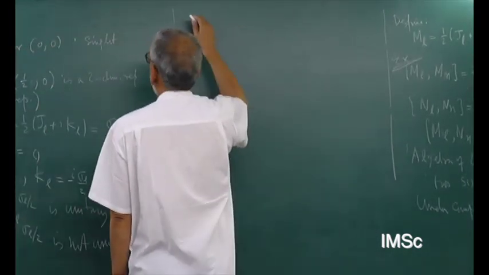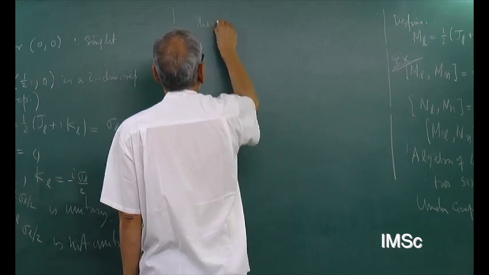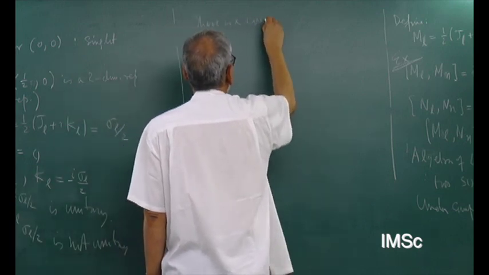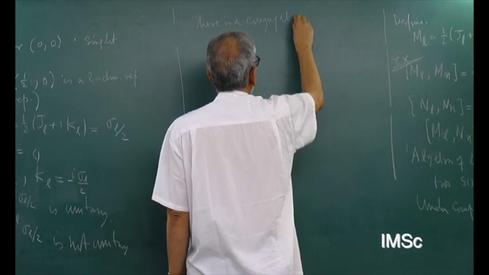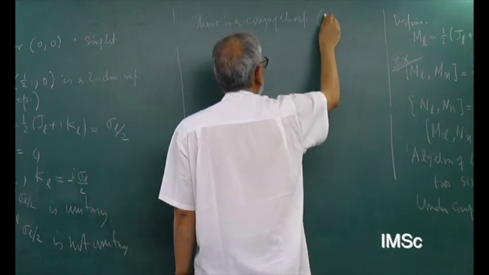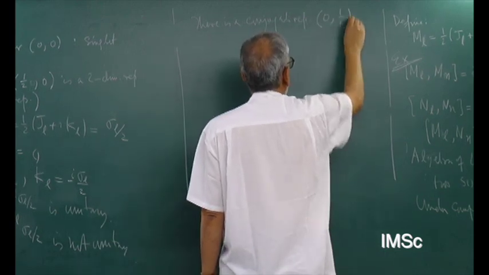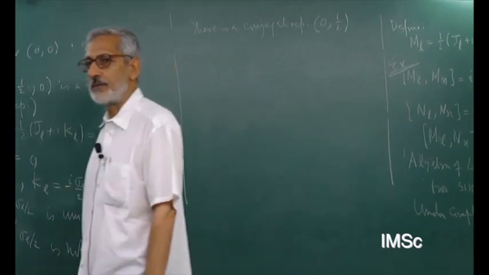Now there is a conjugate representation, which is 0 under the first SU2, spin half under the second SU2.